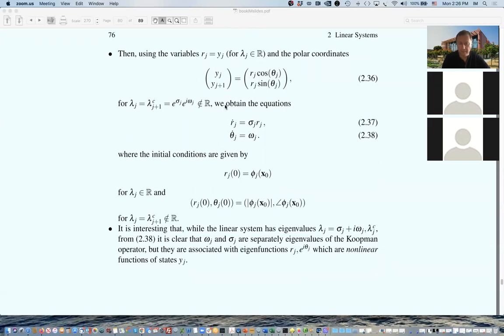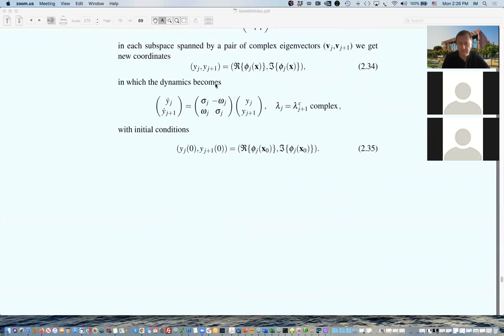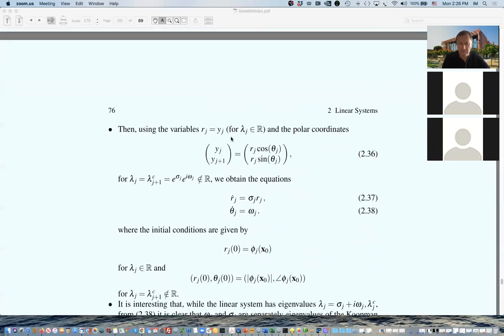Then, starting from this set of equations and using this transformation, just taking a time derivative of rj, we get rj dot is sigma j rj, and theta j dot is omega j. There's some computation required here, but the algebra is simple.